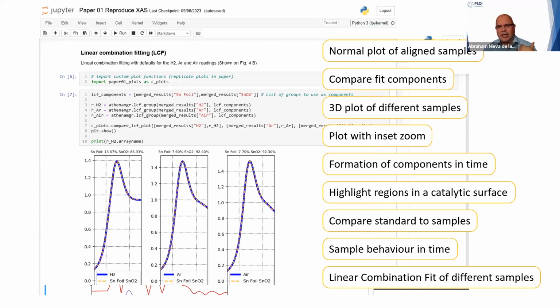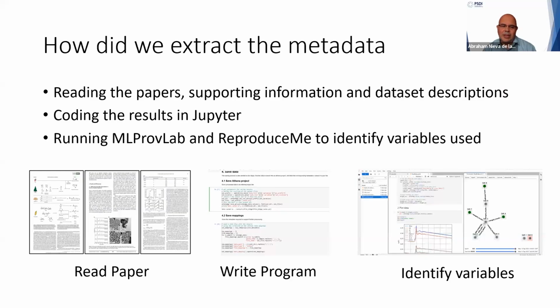So at the moment, the 9 examples that we linked in the Google document perform all these operations.